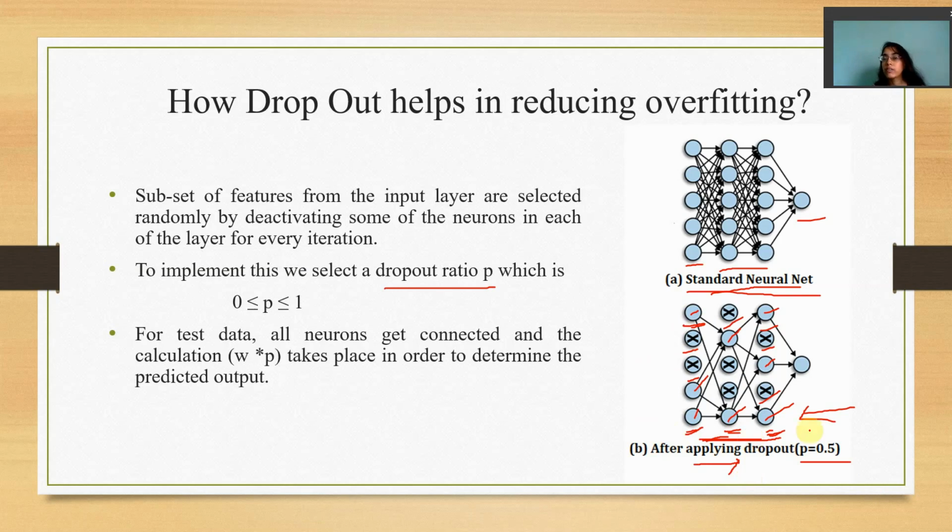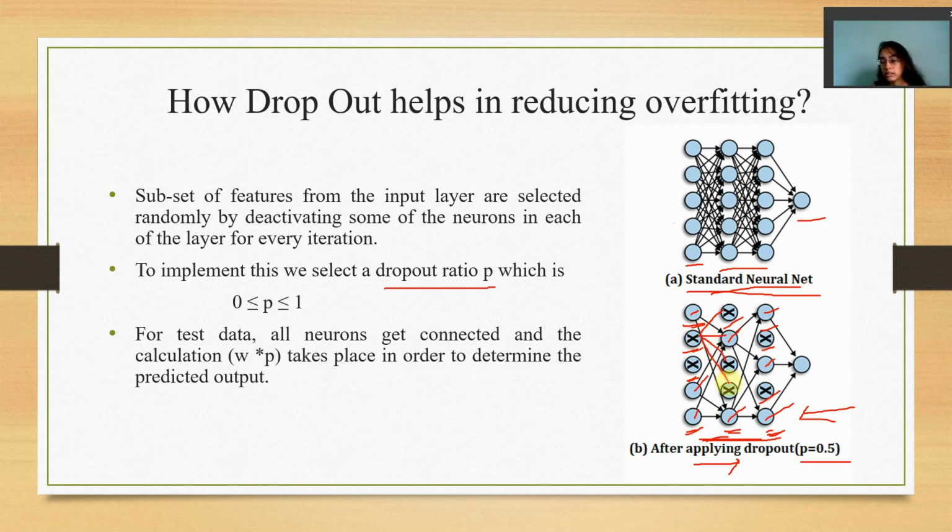Now what will happen in the testing phase? You can see here that these two neurons, the second and the third neurons in the input layer, are deactivated, right? In the testing phase, the deactivated neurons will get connected to each of the neurons.